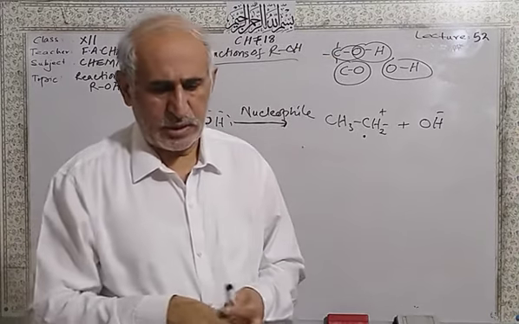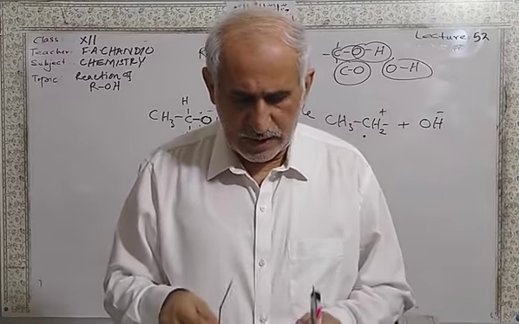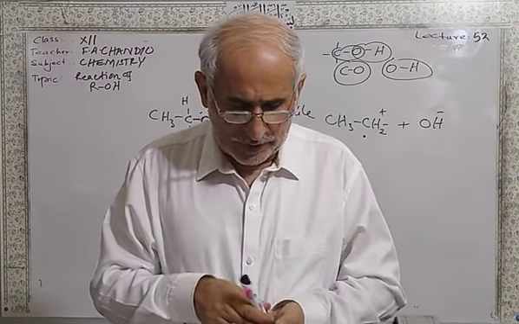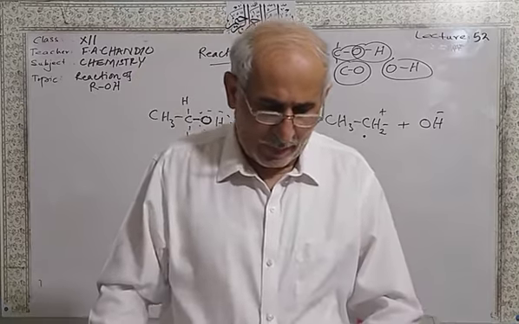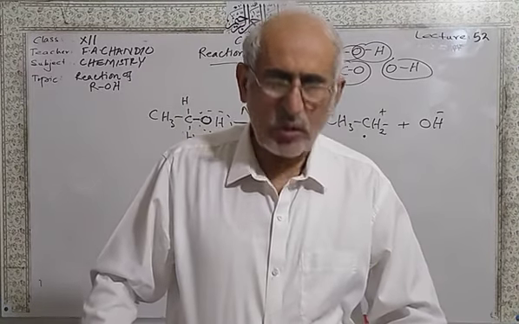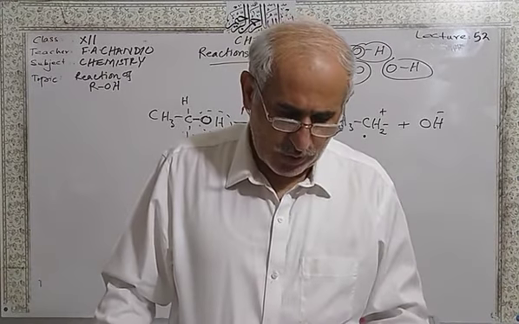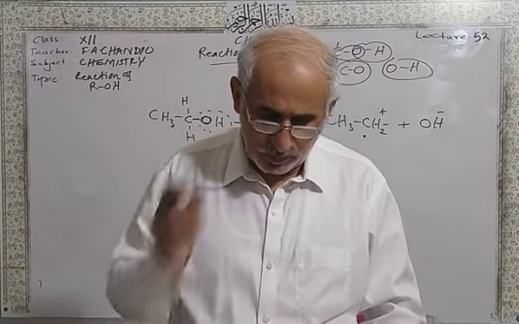So this is the one condition: when the nucleophile is added, the carbon-oxygen bond is going to be broken down, meaning the hydroxyl group is going to be removed from the alcohol.